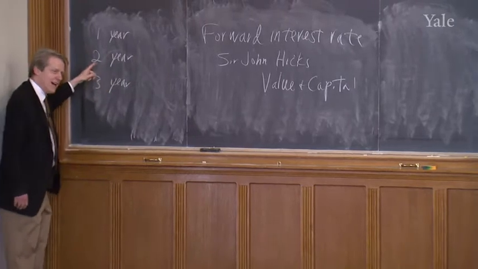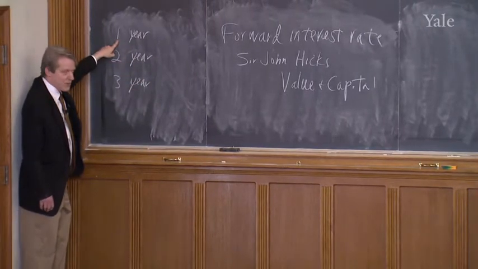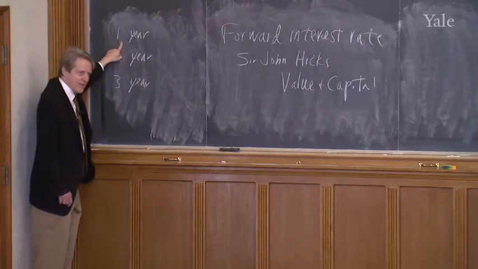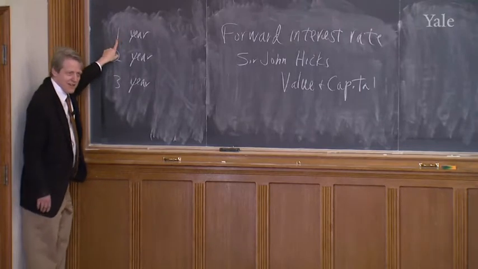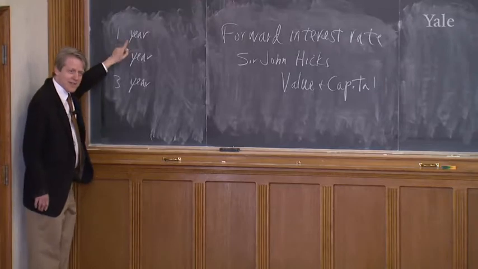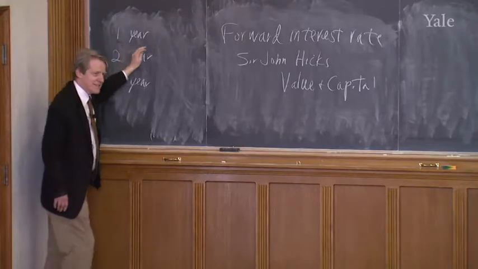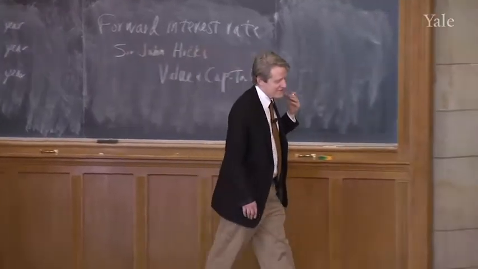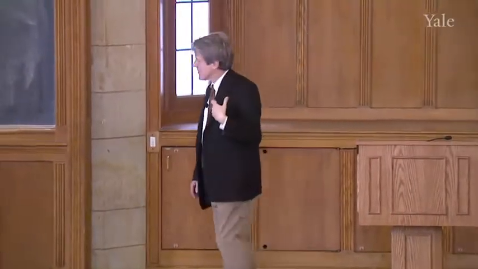Let me tell you right now, for most of the world today, if you want to borrow money for 1 year, it's really cheap. In Europe or UK, US, over much of the world, it's like 1%. US, it's less than 1%. It depends on who you are, what your borrowing rate will be, depending on your credit history.